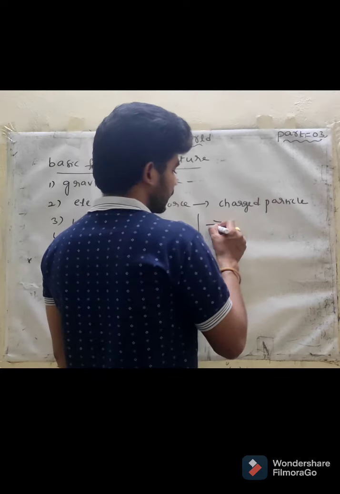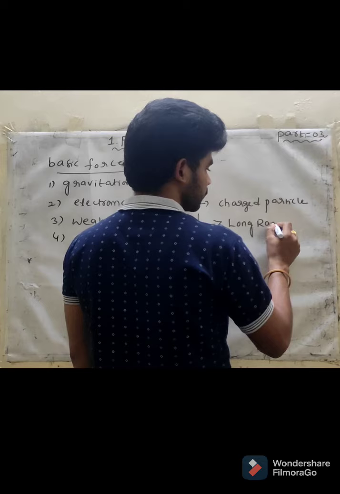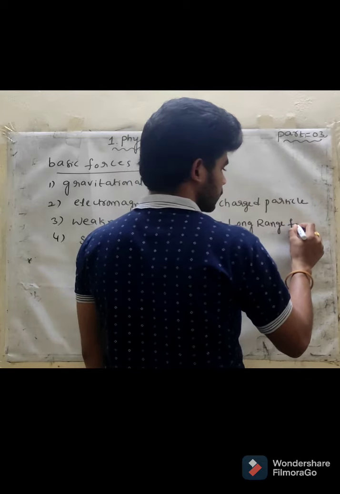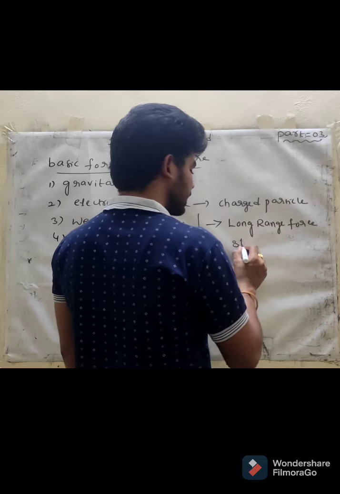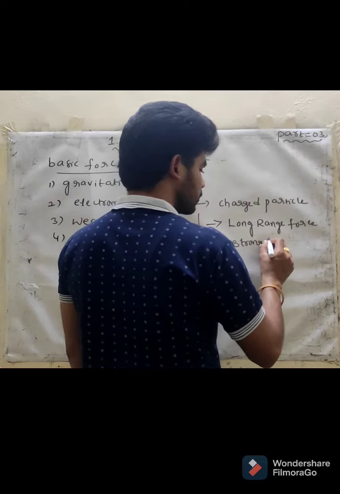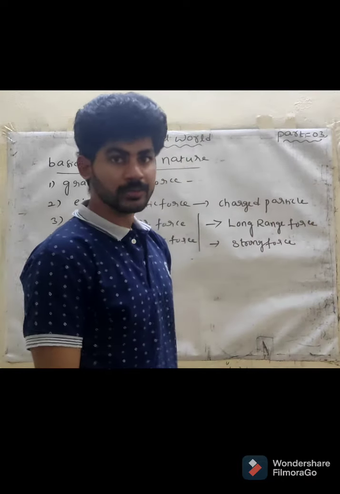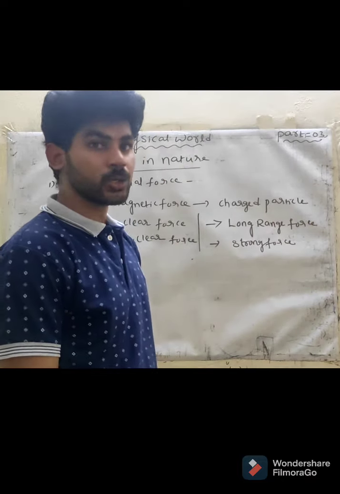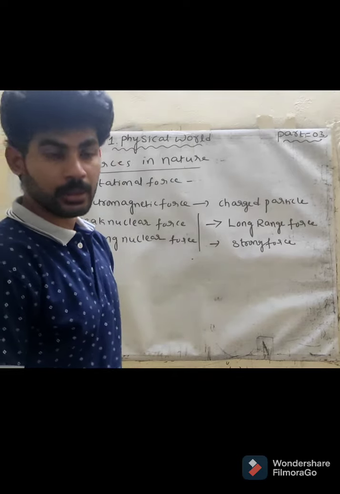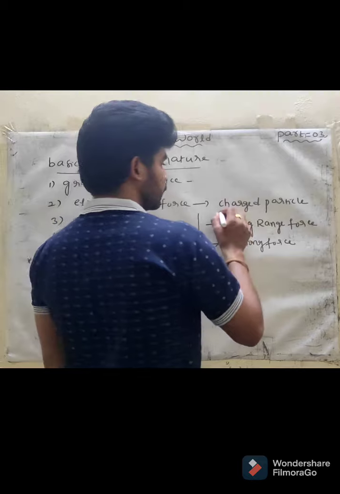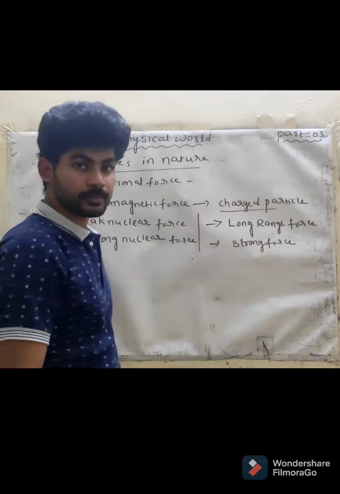So electromagnetic force is a long range force, and it is a very strong force, not a weak force. Gravitational force is weak but long range, but electromagnetic force is very strong and long range.